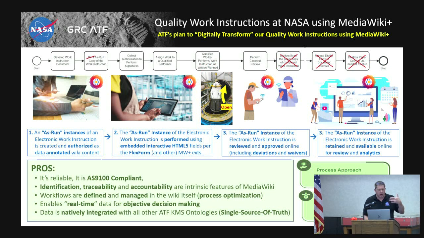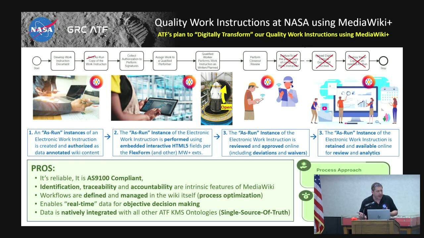So we take our process that we talked about, and you can see I've X'd out a few of the steps that are no longer necessary in a digitally transformed process. Now we're going to be able to take our work instructions that we have as developed and planned documents, and we're able to spawn instances of them, and we're able to fill them out.